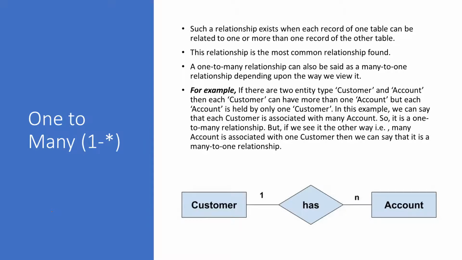A one-to-many relationship can also be said to be a many-to-one relationship, depending upon the way we view it. If we view it from the customer side, it is one-to-many because one customer can have multiple accounts. But if we view it from the account side, multiple accounts can be assigned to a single customer, so then it becomes many-to-one. It's just the difference of the angle from which you view it; one-to-many and many-to-one are the same thing.